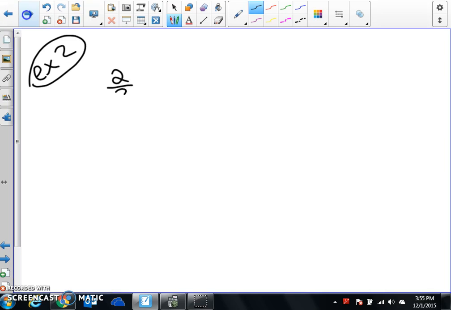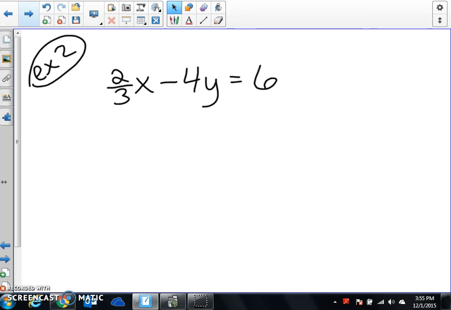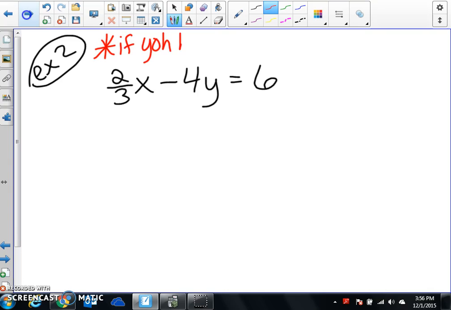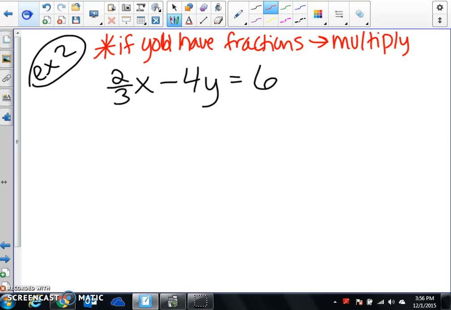Let's just do 2/3 x minus 4y equals, I don't know, 6. Okay, so it's almost in standard, but I have to ask myself, do I have any fractions? Yes. Okay, so if you have fractions, you multiply everything by the denominator.